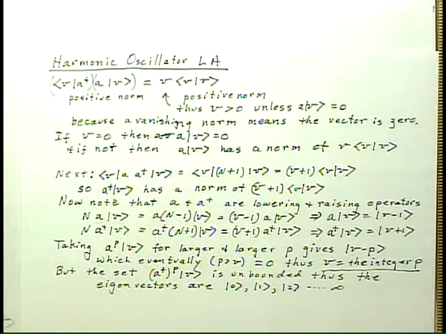So now we've been able to use the eigenvalues and the norms of the vectors in order to show that there is a lowest eigenvalue, namely corresponding to n having an eigenvalue of 0, and then n can be raised using the various A dagger operators so that you go over the entire spectrum of all the possible integers from this lowest one to higher and higher values in an unbounded way.